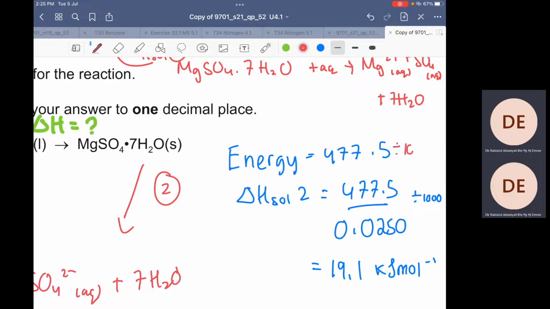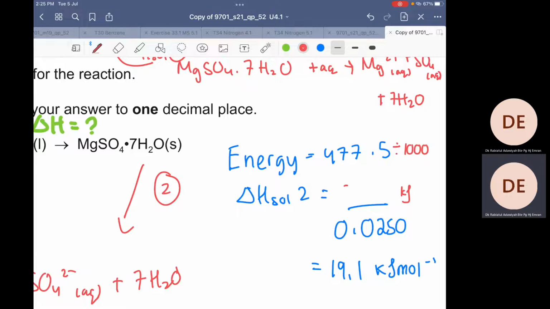Again, divide by 1000 to give you the answer in kilojoules. 477.5 divided by 1000 is 0.4775 kilojoules per 0.0250 mole. And this is an endothermic reaction, so I just have the positive sign, positive 19.1.